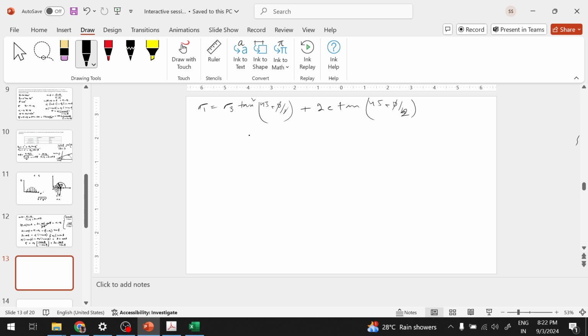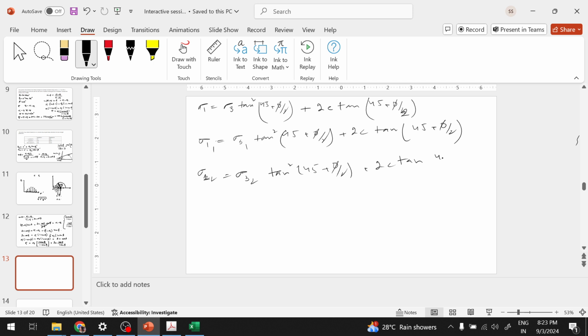So if we have two samples now, we will have sigma 1 of 1 equals sigma 3 of 1 tan square (45 plus phi by 2), phi will be the same for both, plus 2c, which also will be the same, tan (45 plus phi by 2), and sigma 1 of 2 is equivalent to sigma 3 of 2 tan square (45 plus phi by 2) plus 2c tan of (45 plus phi by 2).